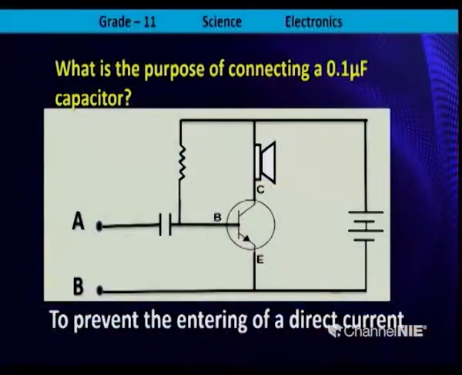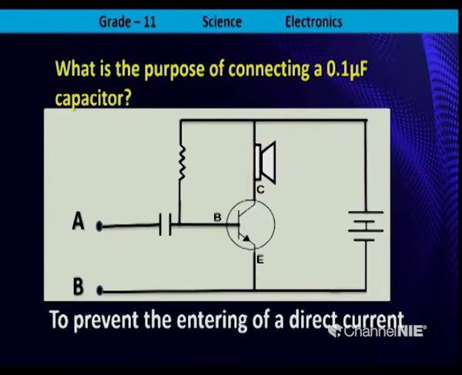Right. In the second circuit, as mentioned in your textbook, we have to supply a capacitor. A 0.1 microfarad capacitor also we have to supply. The capacitor is used to minimize the entering of direct current, because we supply a microphone to the A and B terminals.